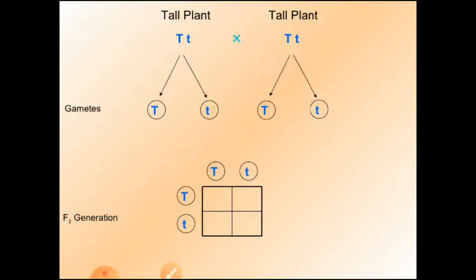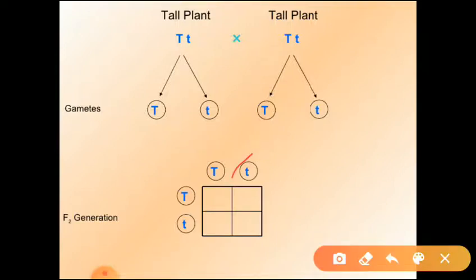What is a Punnett square? It is a simple diagram in which the different types of gametes, sex cells with the concerned trait of one female parent, are placed along one side of the square and those of the other parent, male, are placed along the other side of the square.